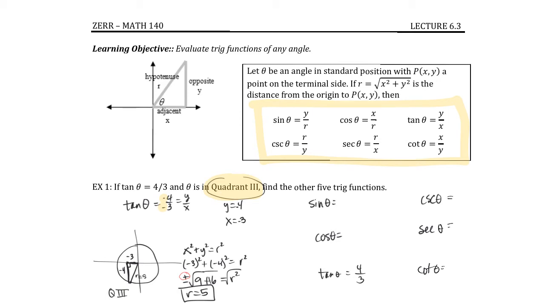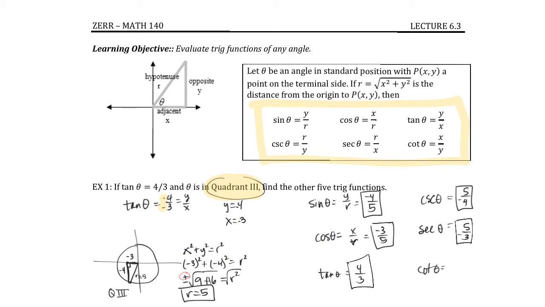Okay, so sine is y over r, so that would be negative 4 over 5. And cosecant is the reciprocal, so 5 over 4, and that whole thing is negative. Cosine is x over r, so that is negative 3 over 5. And secant is the reciprocal, so that would be negative 5/3.